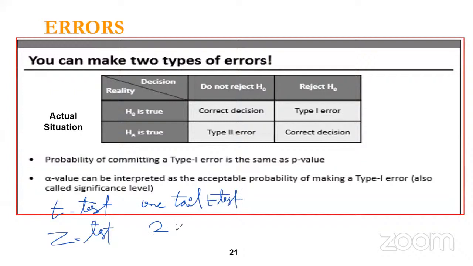You can have the two-tail t-test. You can have the one-sample t-test. You can have the two-sample t-test.